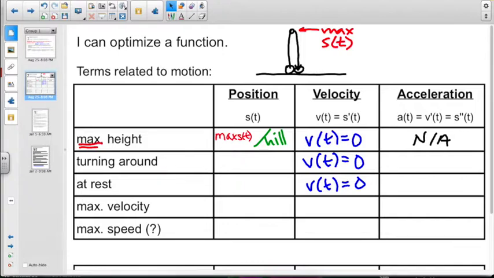Doesn't matter. In fact, I see some people already starting to write just the generic term extrema. In other words, it's a max, it's a min, we don't care. It's definitely a max or a min.